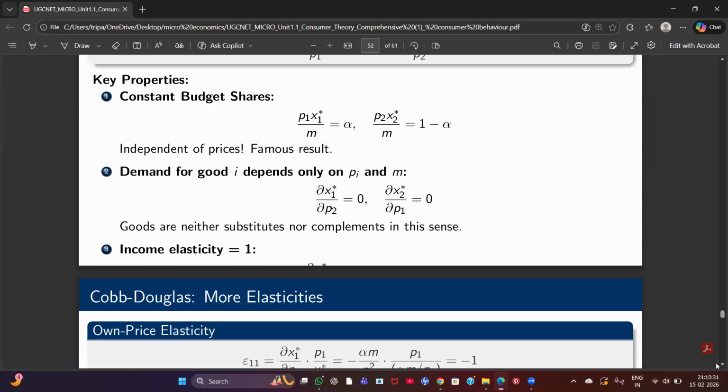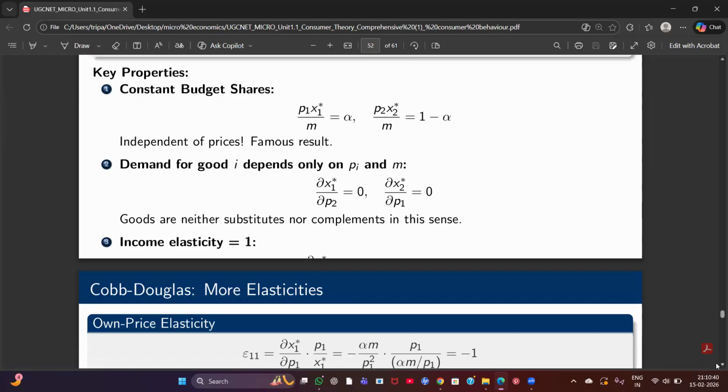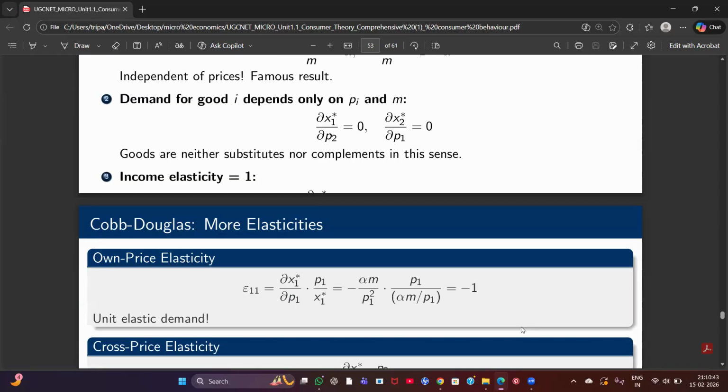Income elasticity is the percentage change in demand due to percentage change in income. I think you can easily calculate: the demand function gives x1, take the derivative of x1 with respect to m and then multiply by m by x1, and ultimately you get 1, likewise for x2. So in case of the CD utility function, the Marshallian demand curve derived from it will have unitary income elasticity.